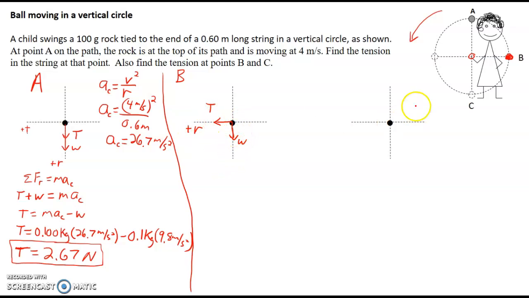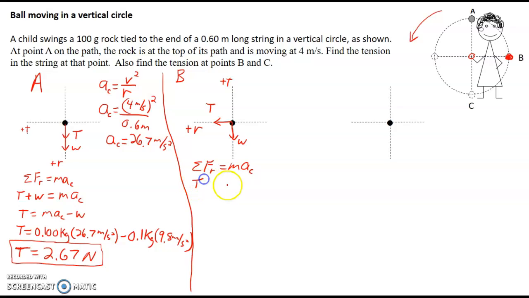And if it's headed in the counterclockwise direction, that means at the moment it gets to here, it's headed up. And so that means this is the tangential direction. And so similarly as before, we're going to sum the forces in the R direction. And so remember, radial is in towards the center, centripetal in towards the center.